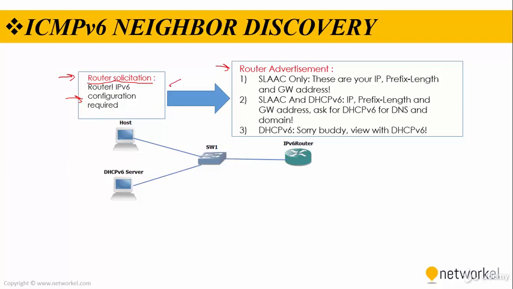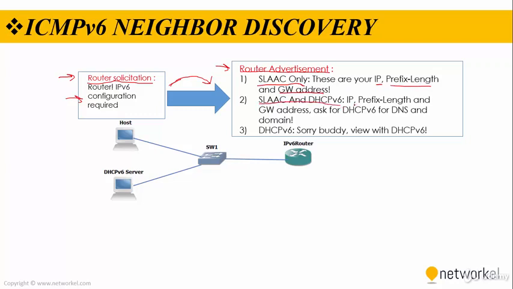This message is forwarded to the router, and the router can reply to this message with 3 different options. These options are known as the router advertisement. The first option is SLAAC only. The router can offer the IP prefix length and the gateway address. The second option is SLAAC and DHCP version 6.